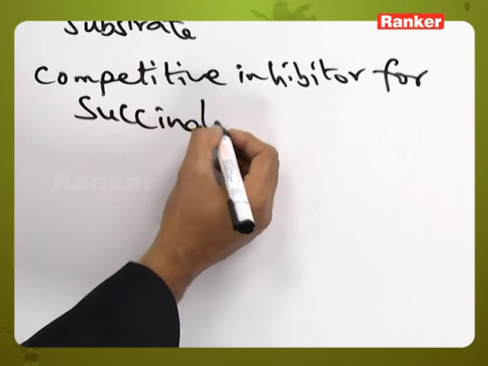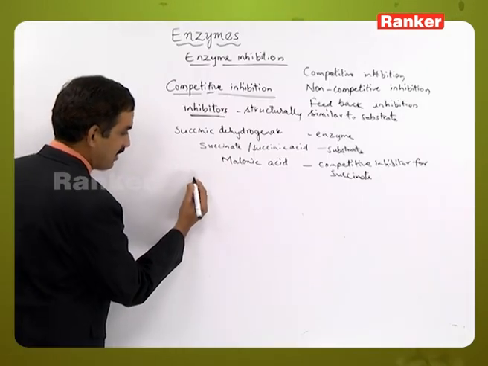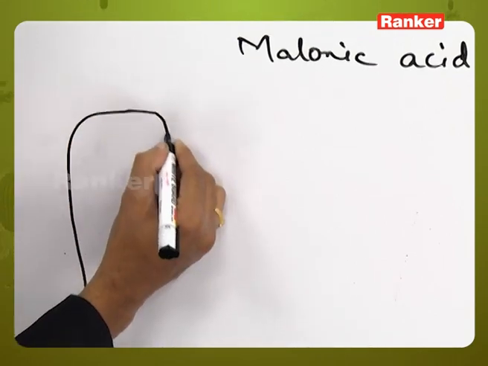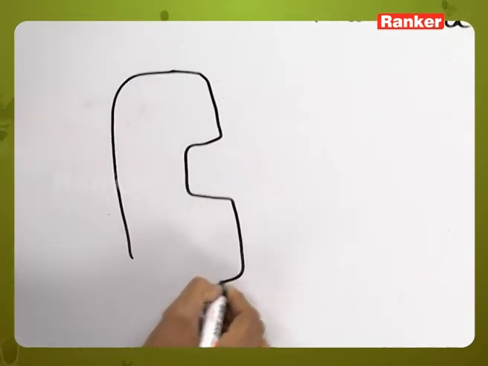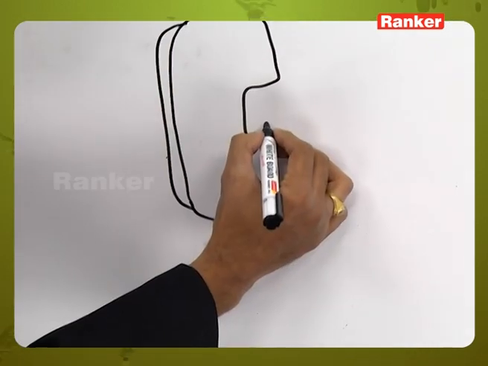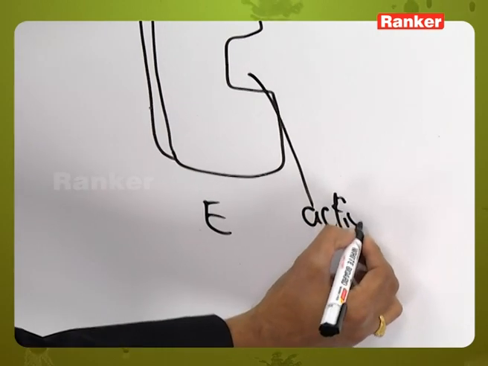Let us see this in the form of a diagrammatic representation, where this is an enzyme molecule and this is the active site present on the enzyme molecule.